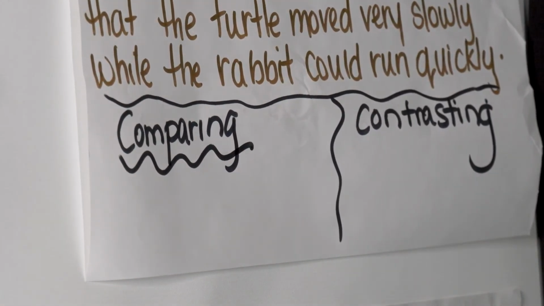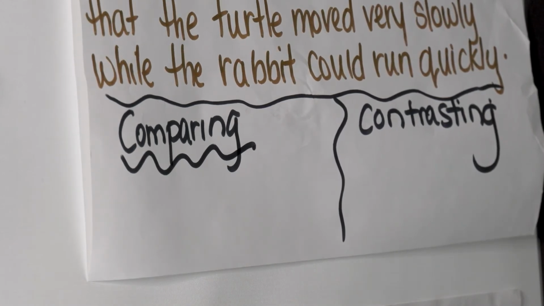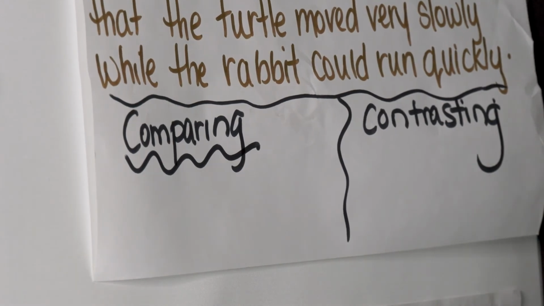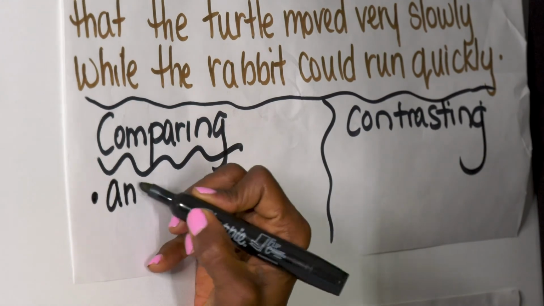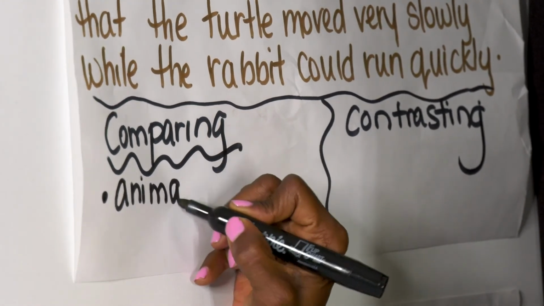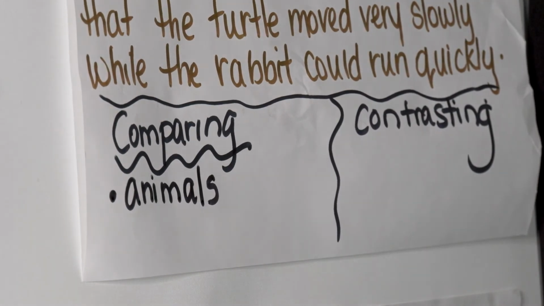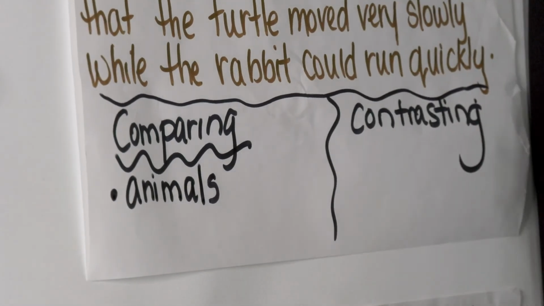So, what is the same with the turtle and the rabbit? Did I hear you say that they were both animals? Wow, yes, they're both animals. So I'm going to put that right here. That makes them alike.